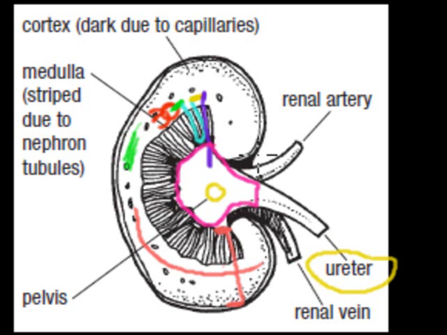And then this is where the blood, after it's been filtered, will come out. So it goes in here. I will change color. Goes in here. It comes out there. And know that the cortex and medulla, those two spots are where we have our nephrons. So you might be asked to draw it, or you might be asked to label it, one of those two. So I hope that was helpful.